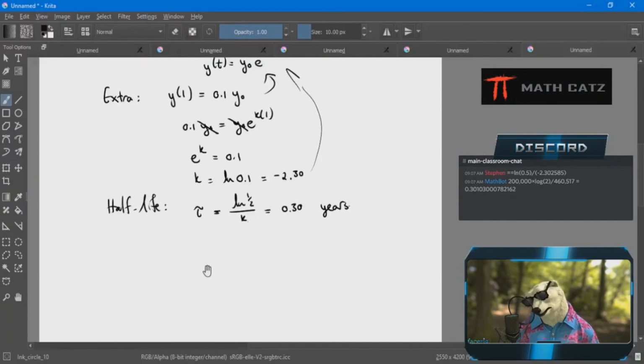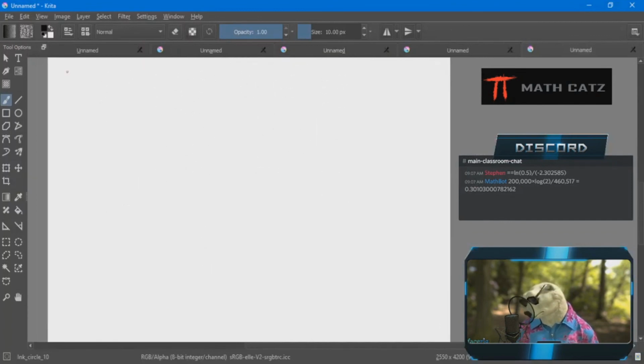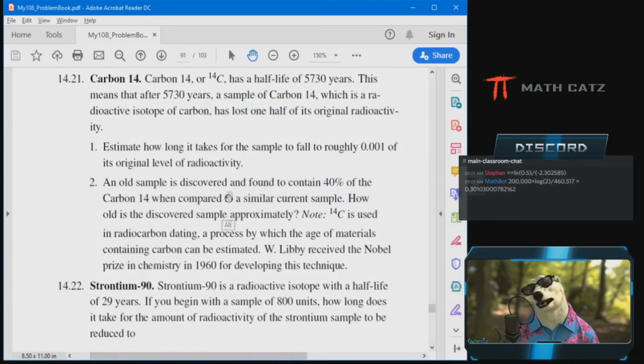1421. Carbon-14 has a half-life of approximately 5,730 years. That's longer. This means that after 5,730 years, a sample of carbon-14, which is a radioactive isotope of carbon, has lost 1/2 of its original radioactivity.